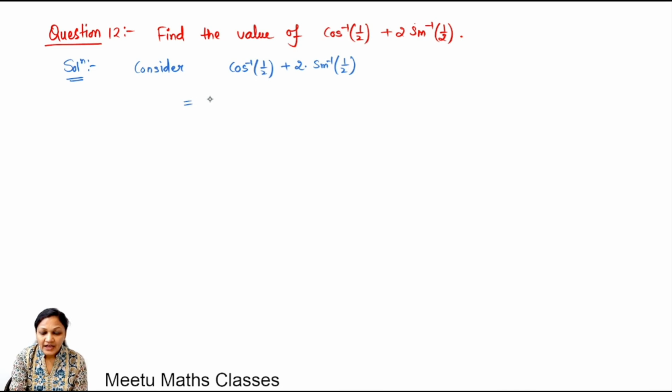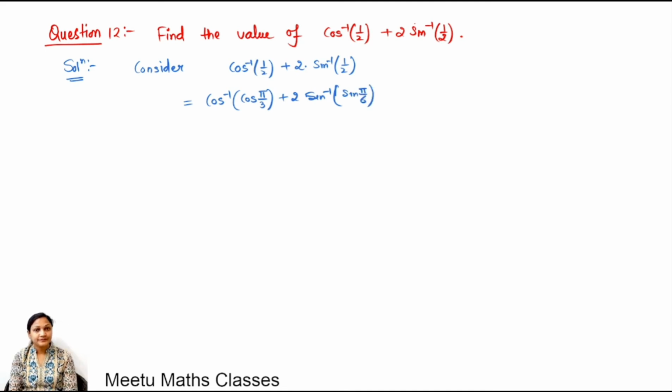Okay. And this half in terms of cosine, we can write as cos pi by 3. And in terms of sine, we can write half as sine pi by 6. Okay.